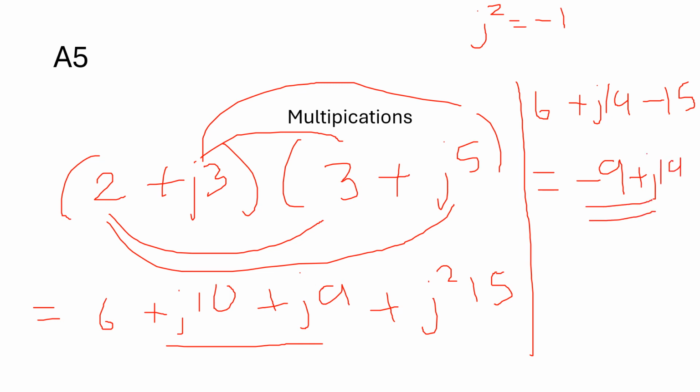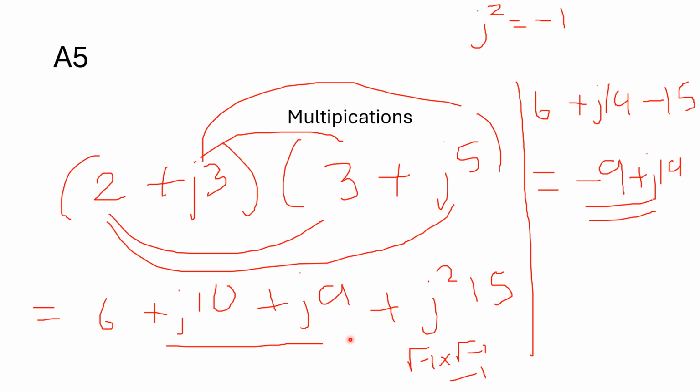Okay, so you see, the previous part on exponents will actually help us to save time when we are solving. Just imagine when you get to j squared, you would have to say, oh, what is j squared? Now you will have to say square root of negative 1 multiplied by square root of negative 1, and you will have to realize at the end, oh, the answer is negative 1.